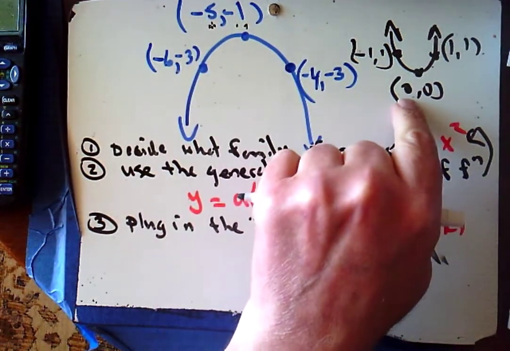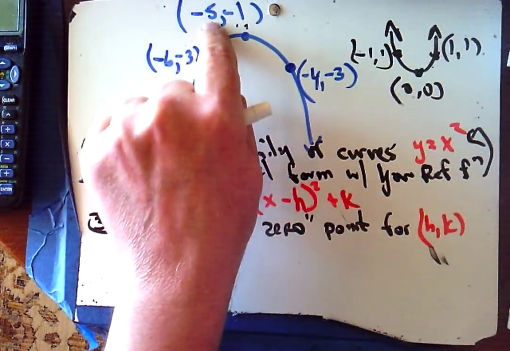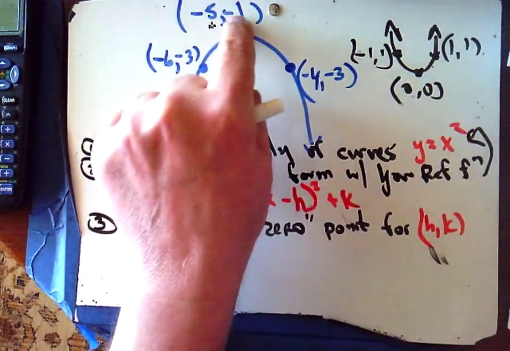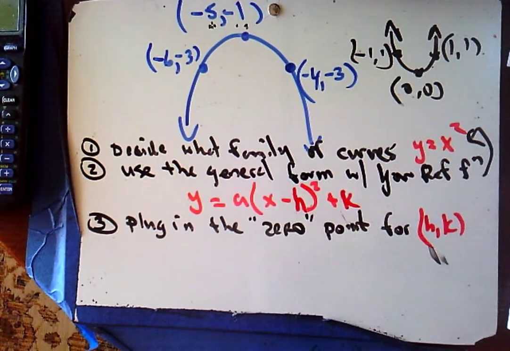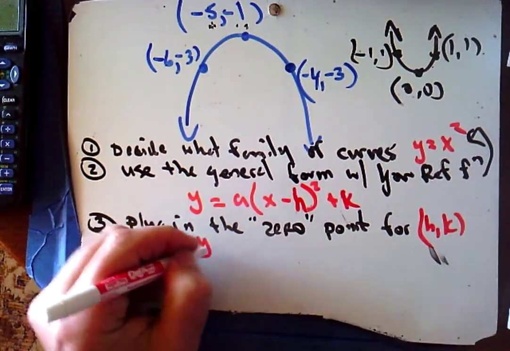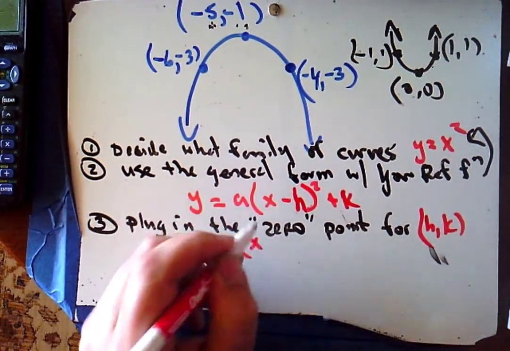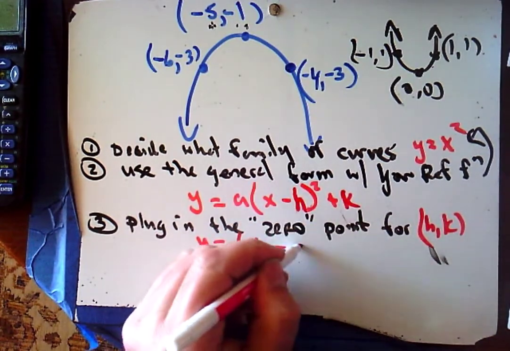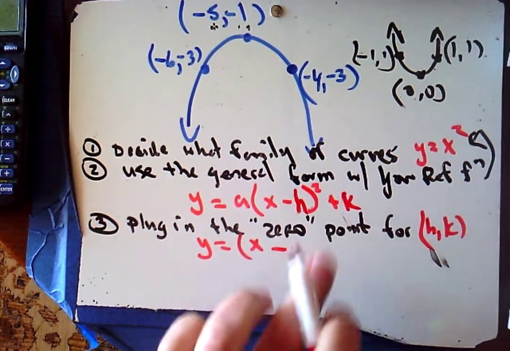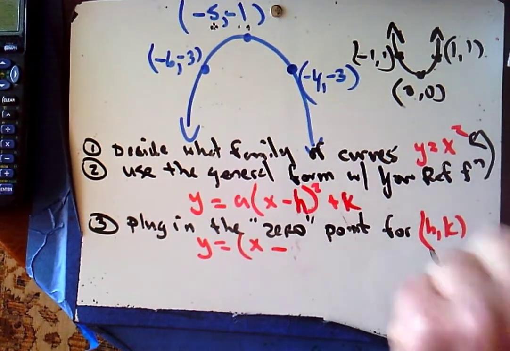So I know this had to move left 5 to get to there, and this had to move down 1 to get to there. So I'm going to replace in y equals a(x minus h) squared plus k, I'm going to replace the h with minus 5. Let's use a different color for that.